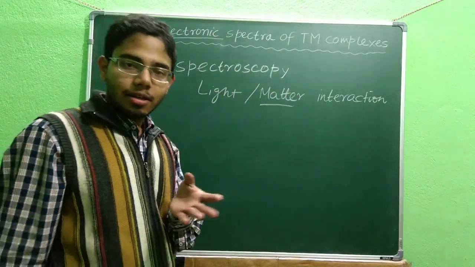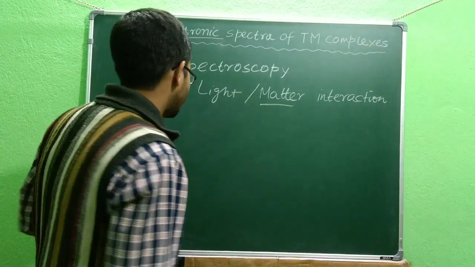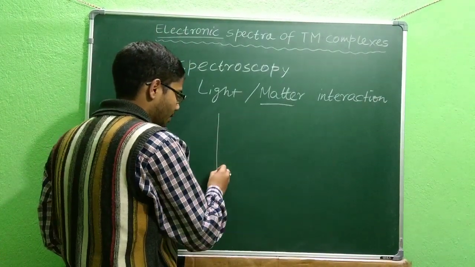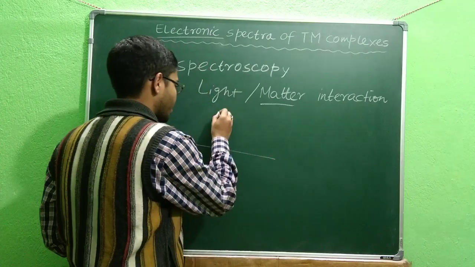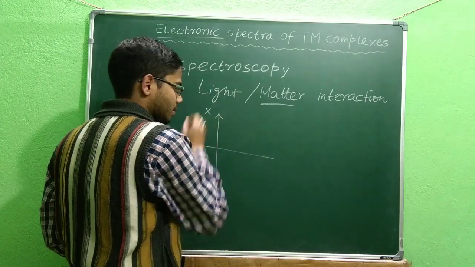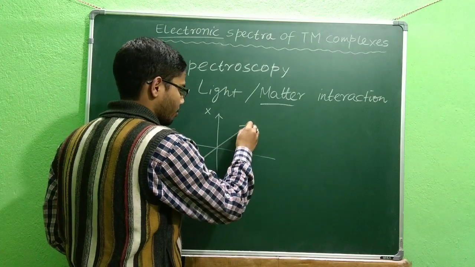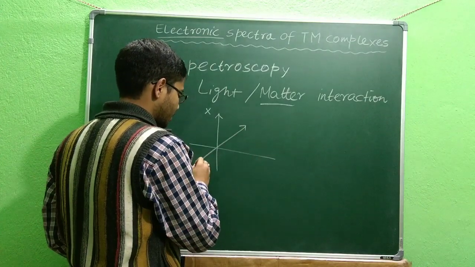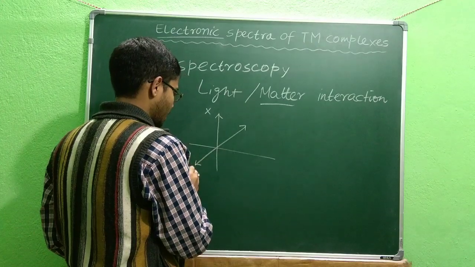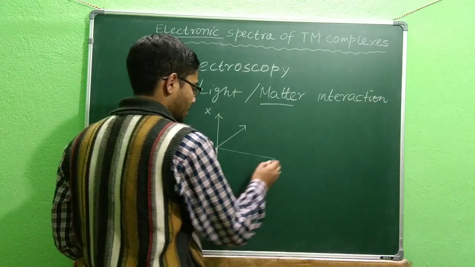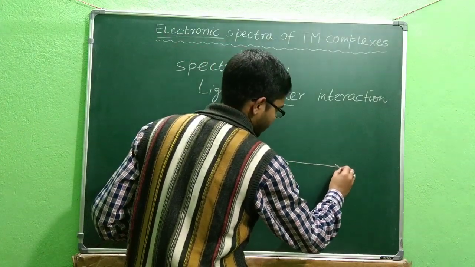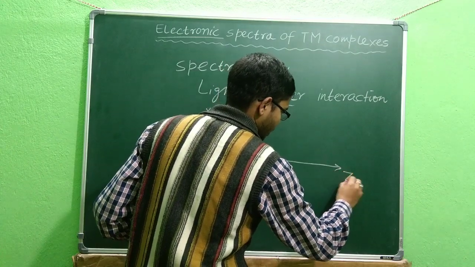Light is an electromagnetic radiation. So if you have the X-axis here, the Y-axis here, and the Z-axis over here.